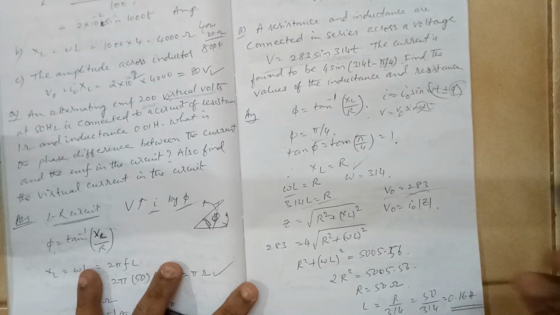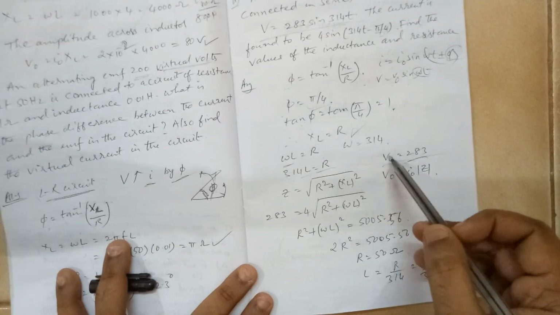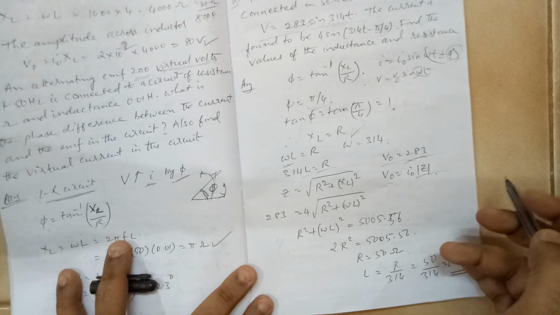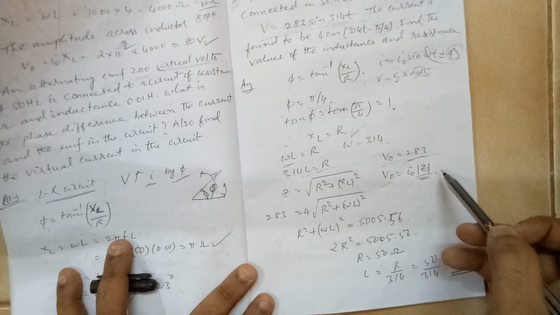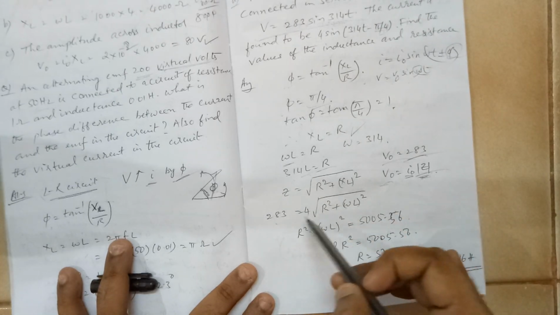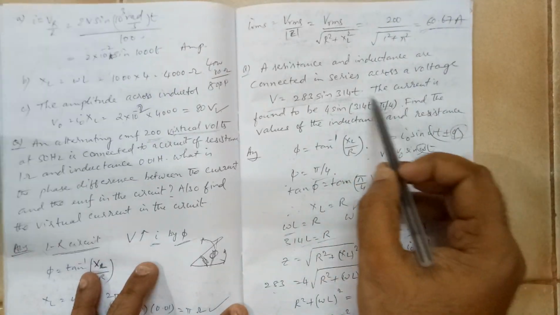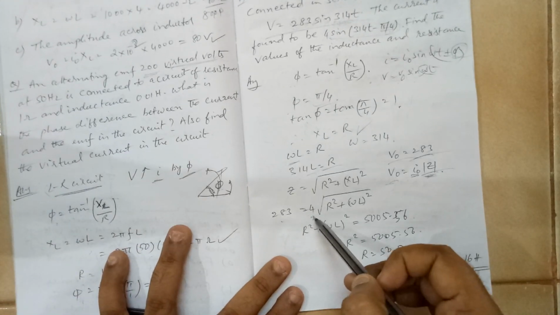Now here, V0 will be the current multiplied by the combined resistance. What is that? It is the Z value. Now the peak value is 283. The I0 value is 4. Why is it 4? Because the sine value maximum will be 1 only. Again you have to take the peak value here.